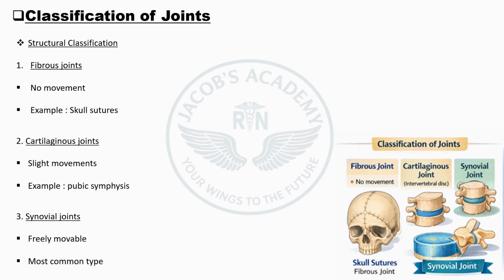They are specifically designed to allow a wide range of movements and are found in joints such as the shoulder, knee, and hip. Understanding the classification of joints is essential for nurses, as it helps in assessing movements, recognizing joint disorders, and providing appropriate patient care. Here is one image for your reference. You can see the labeled parts of the classification of joints.